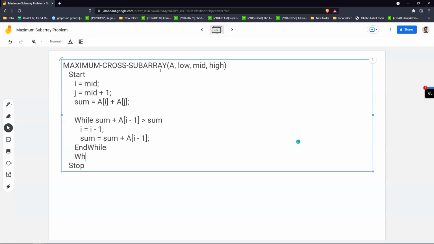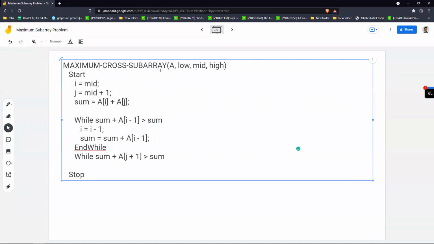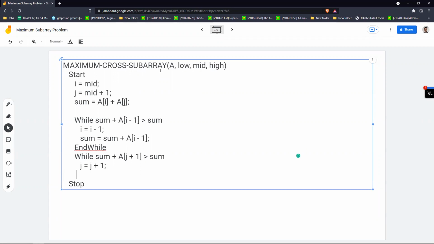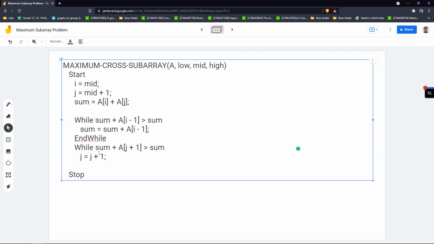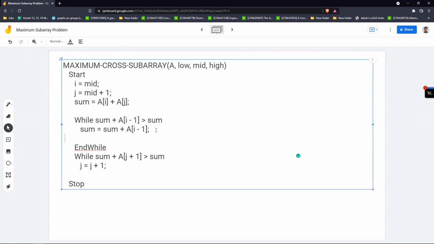Similarly, for the right side, while sum plus a of j plus 1, because j is now going to the right, is greater than sum, I'll do j is equal to j plus 1. Oh, sorry. Just a small confusion. So this has to be done first, right? Because I am adding the value and then changing the index.